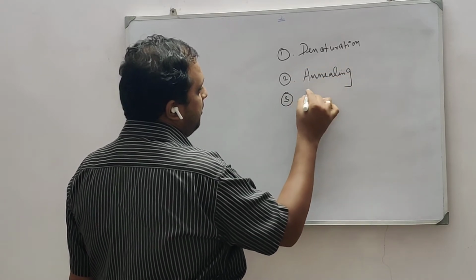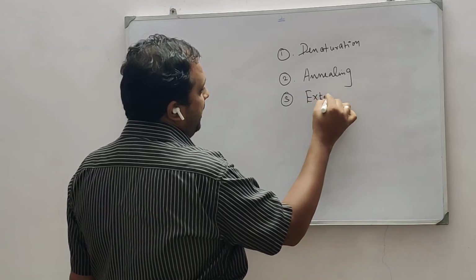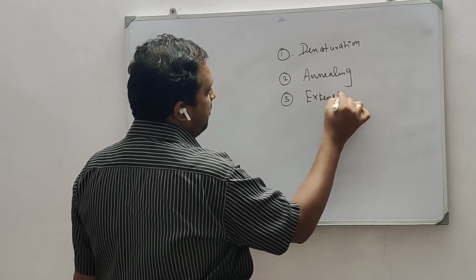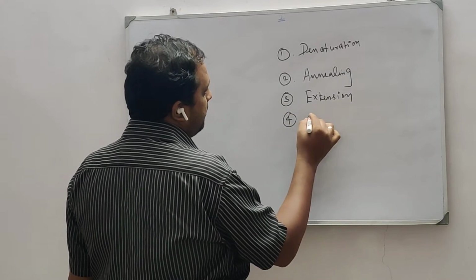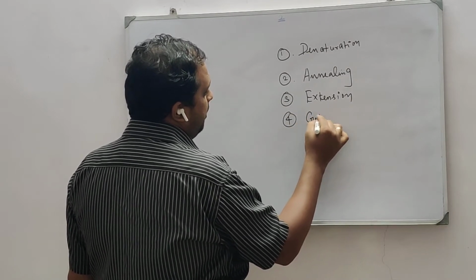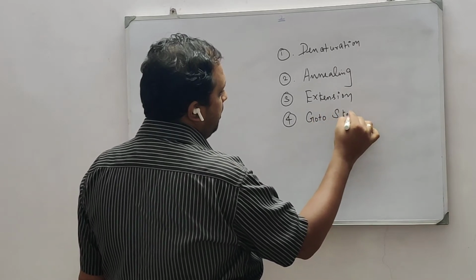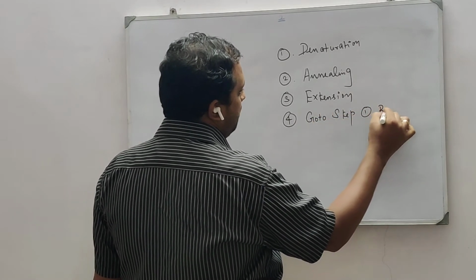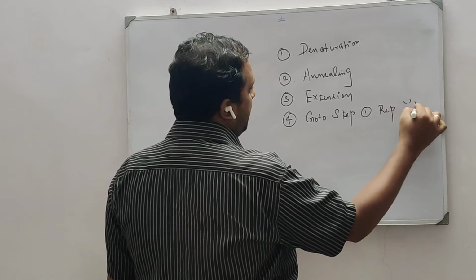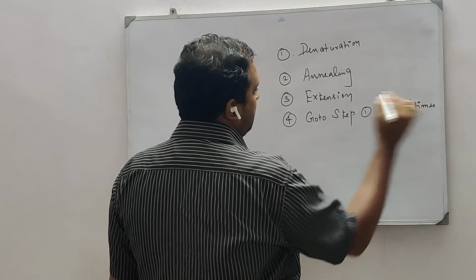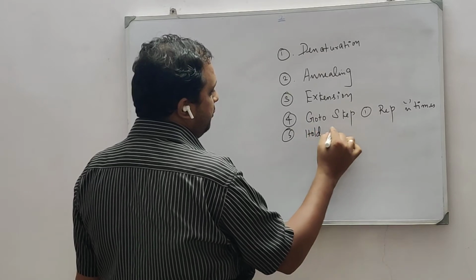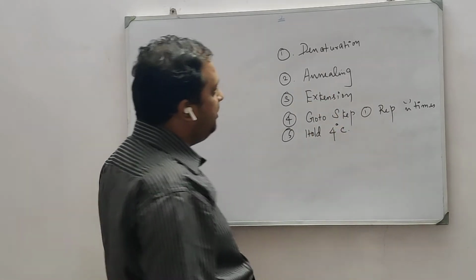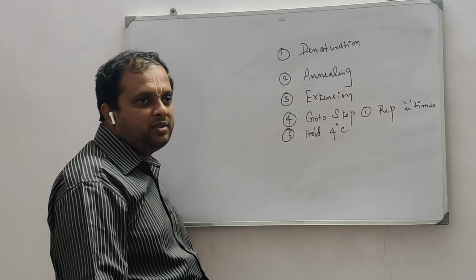Third one, extension. Fourth one, go to step 1, repeat n times, and fifth one, hold at 4 degrees Celsius. So these are the basic steps involved in polymerase chain reaction.